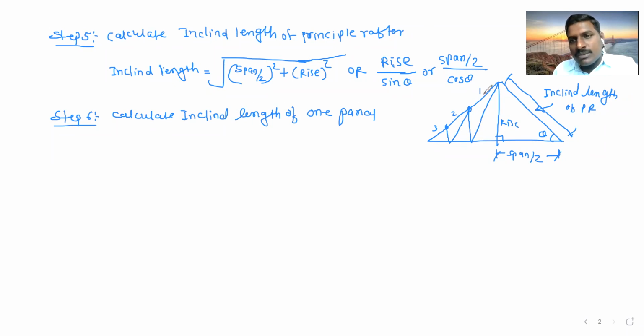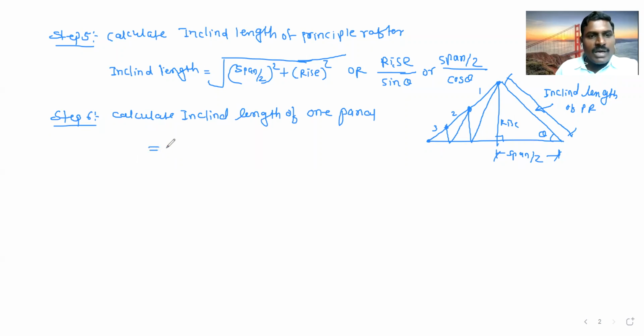Now this 1, 2, 3 I have written here. It means from the first joint to the second joint, this is one panel. Second to third, second panel. Third to fourth joint, third panel. So there will be 3, 4, 5 panels. This one panel length we have to calculate, so for that we have to assume how many panels we have to provide there.